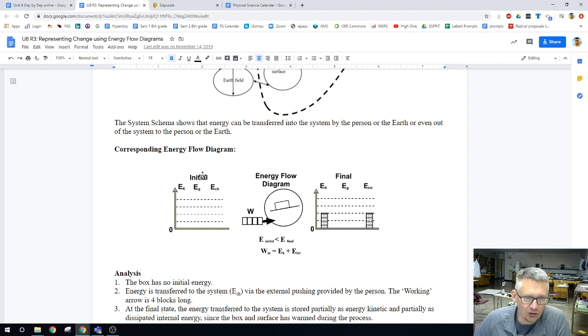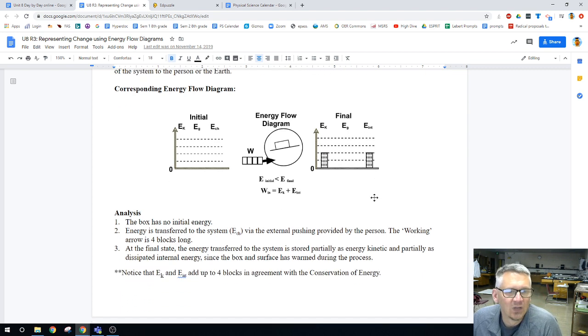So the initial diagram has no energy, with 4 pieces of work going into it and ending up with 2 energy kinetic and 2 energy internal or dissipated.